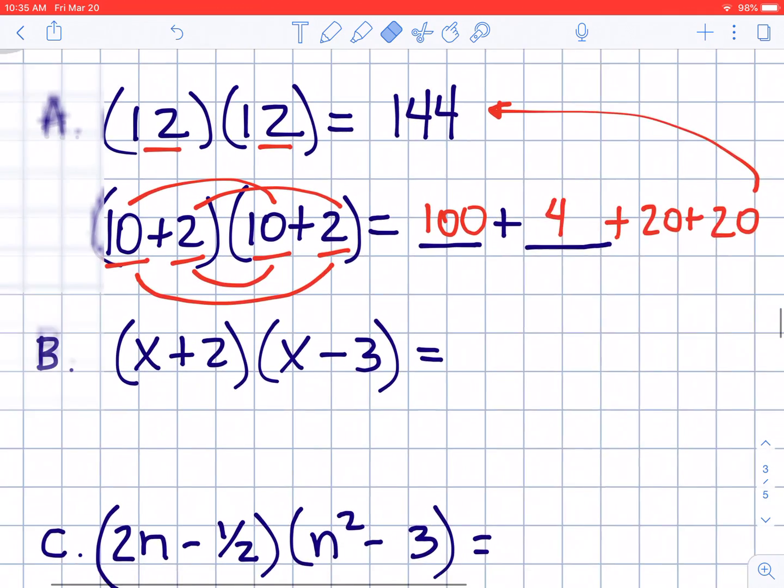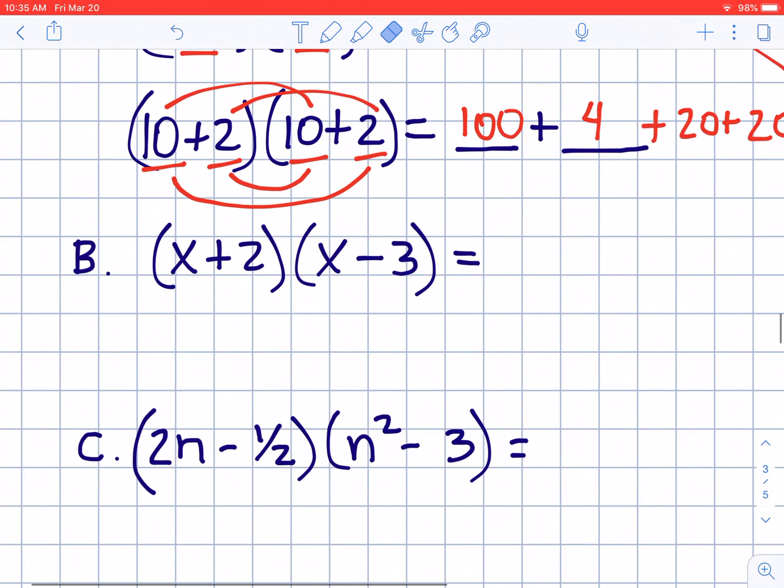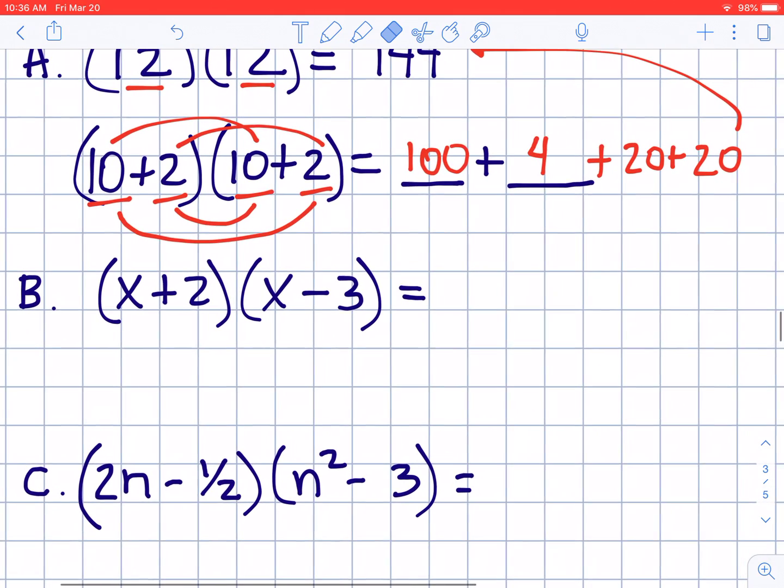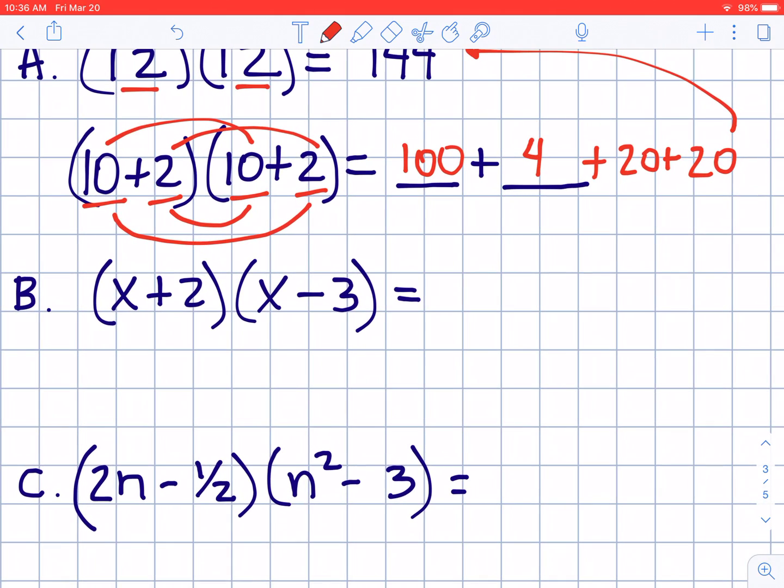All right, so let's now look at our first real polynomial, letter B, x plus 2 times x minus 3. First of all, let's go ahead and use that acronym of taking the firsts, times the outsides, times the insides, times the lasts.